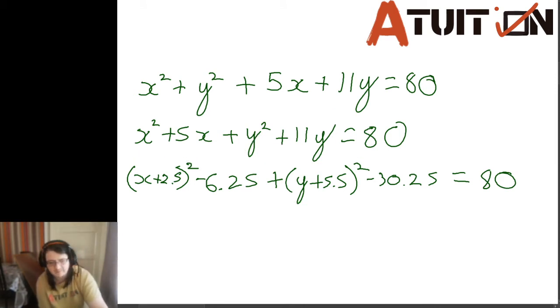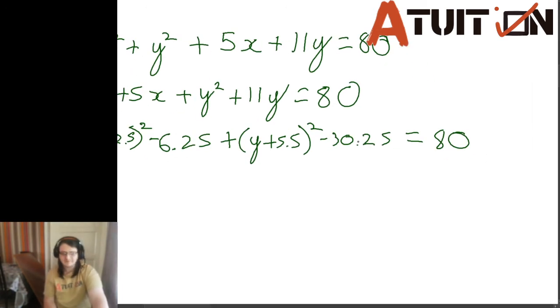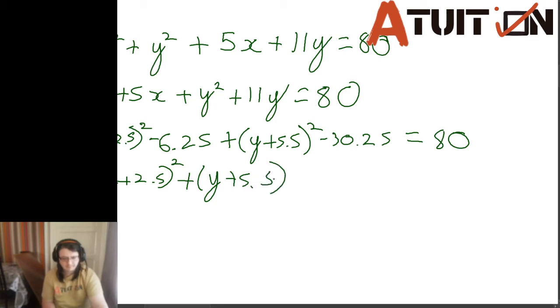They're identical expressions. Alright, now then, let's put the horrible numbers, 6.25 and 30.25, to the other side. So if we're doing that, we need to add 6.25 and 30.25 onto 80. And then that will leave us with x plus 2.5 on the left, squared, plus y plus 5.5 squared.